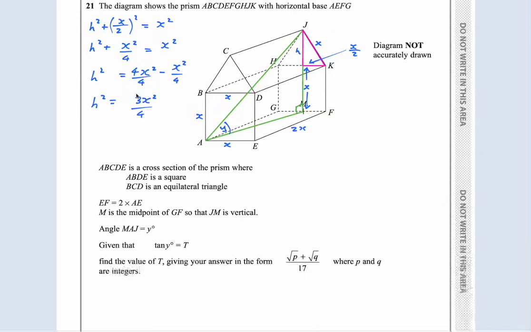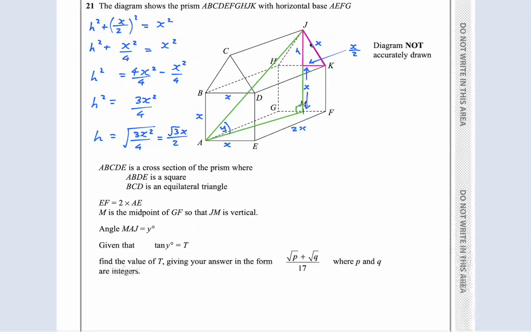So h squared is this, which means h is the square root of 3x squared over 4. And that can be written as root 3, the square root of 3, times the square root of x squared, which is x, over the square root of 4, which is 2. So h is this.